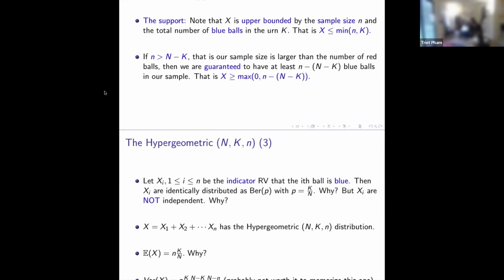If you sum, let's say, between these two values, which is already crazy, k times K choose k times N minus K choose n minus k, over N choose n, over this max and this min, the point is, the answer is nK over N. You should appreciate that a little bit.